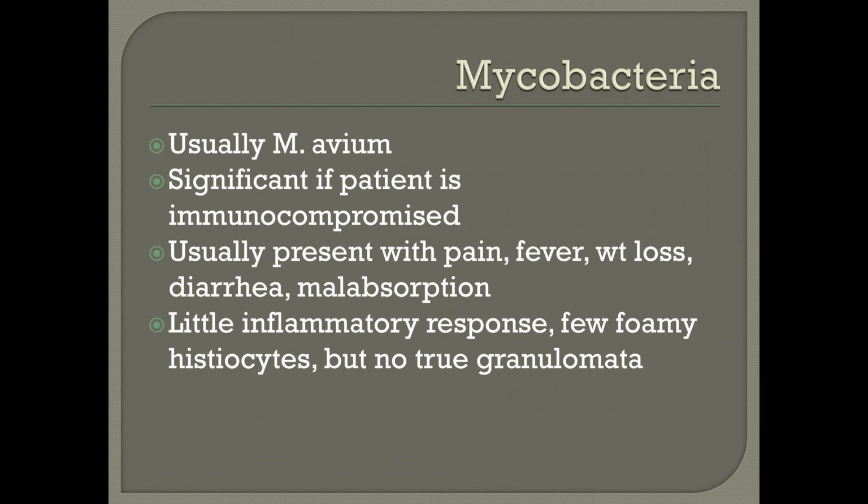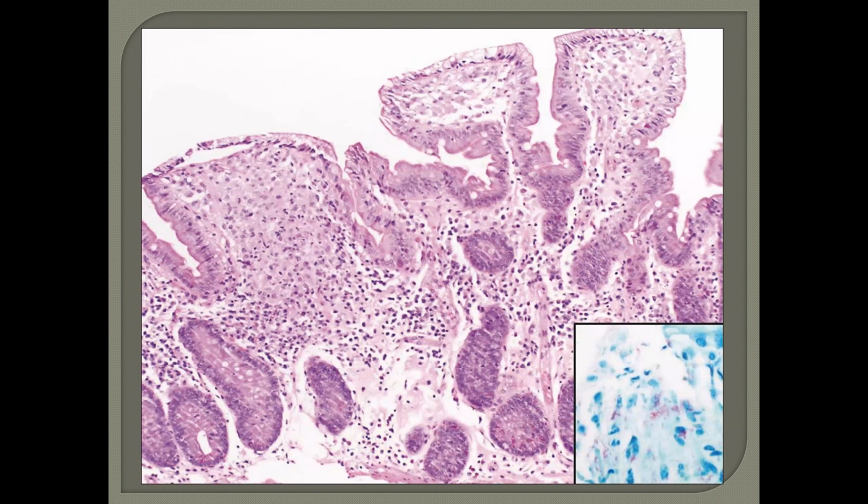In fact, the very first AIDS patients with these disorders had virtually no inflammatory response, no granulomatous response, but had multiple organisms, high organism burden. And here's a nice example. Here we see some macrophages and a heavy organism burden within these macrophages. So not a terribly pronounced inflammatory response.